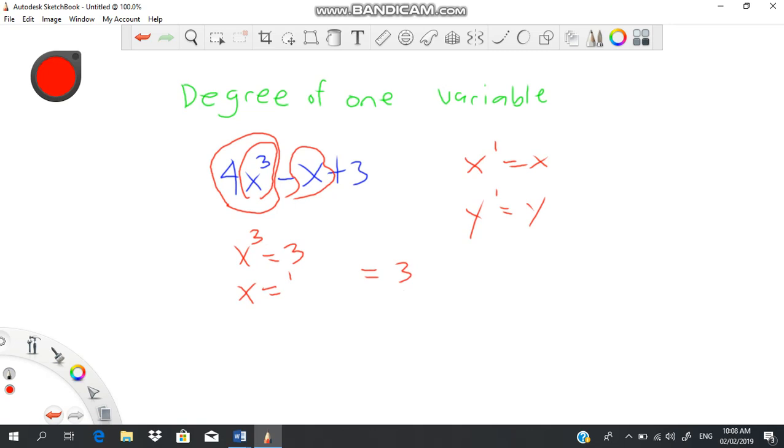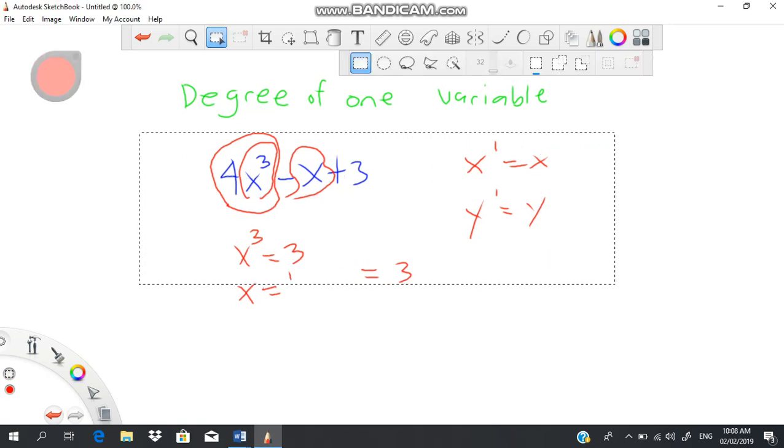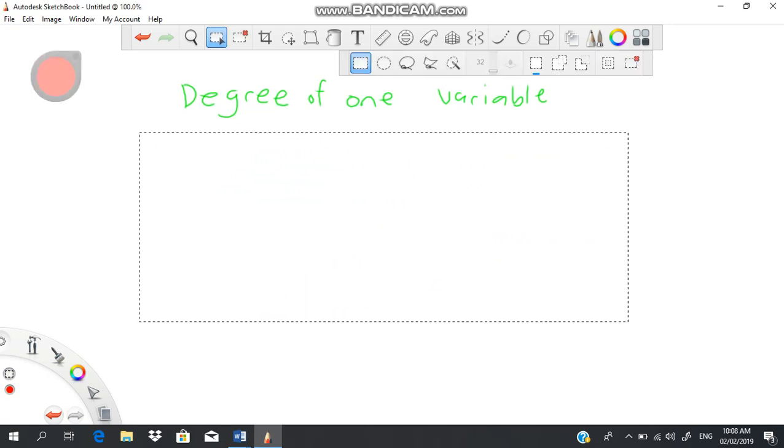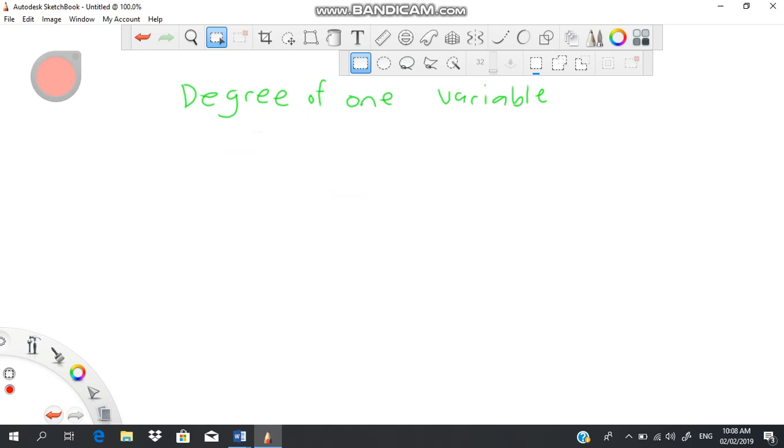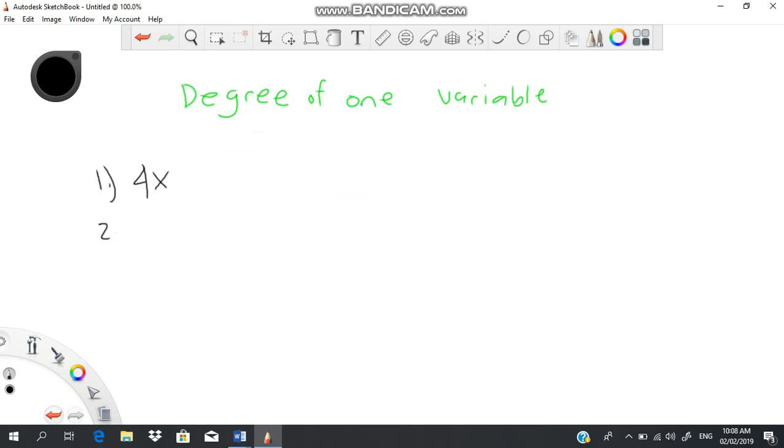Now what about this one? What if it is maybe 4x? I'll let you answer that. 4x, z squared minus z plus 3. The third one is x squared plus 2x raised to the 5th power minus x. So here's how you label the degree.